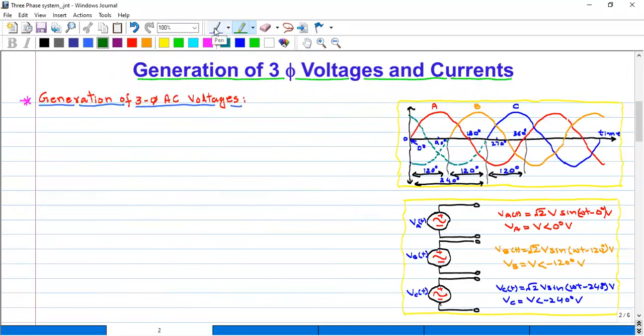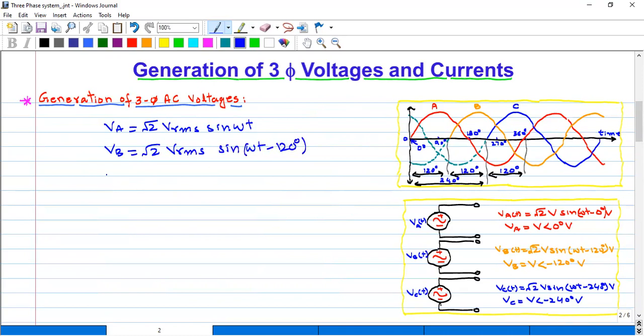So the equations of the three-phase voltages are: VA is equal to under root 2 times Vrms into sine omega t. The equation of phase B voltage is VB equal to under root 2 times Vrms sine omega t minus 120 degree.